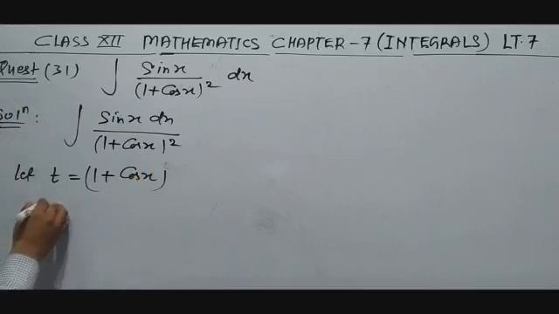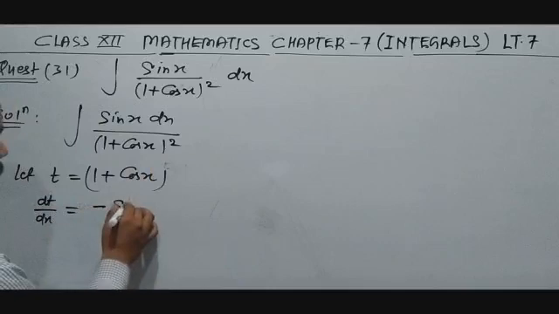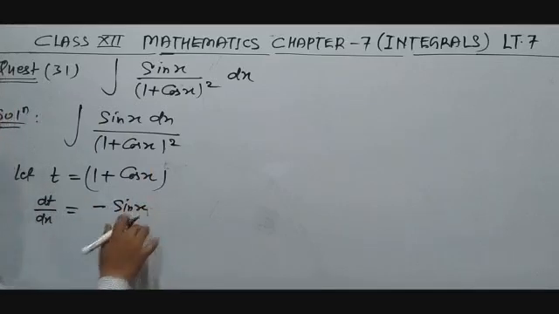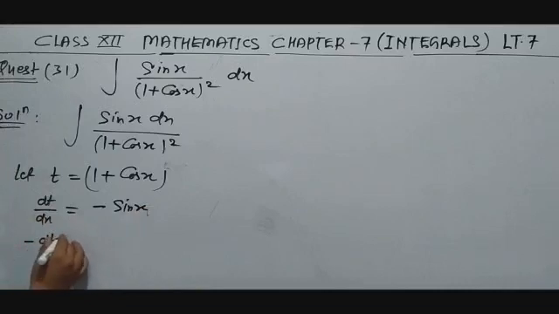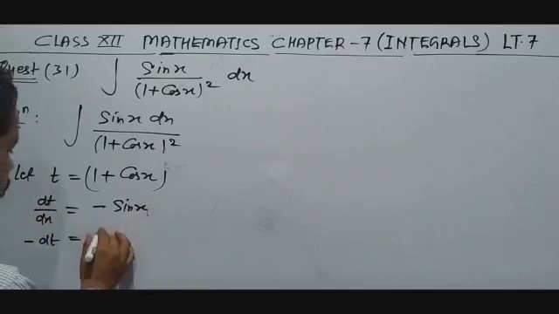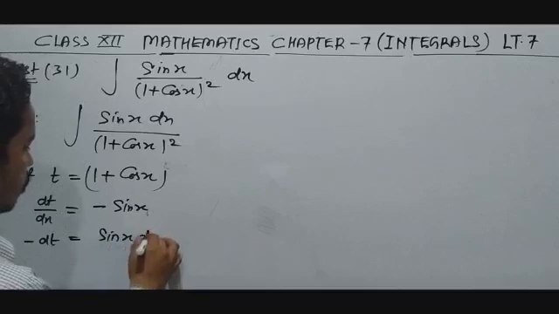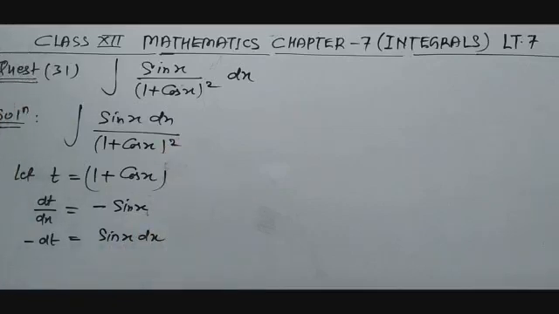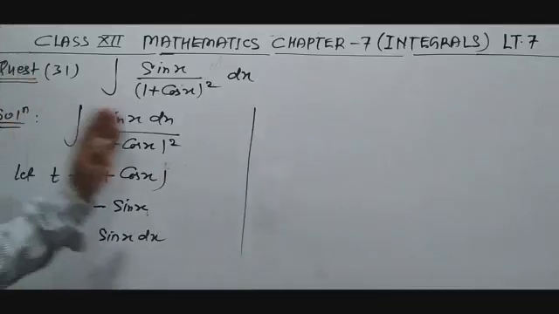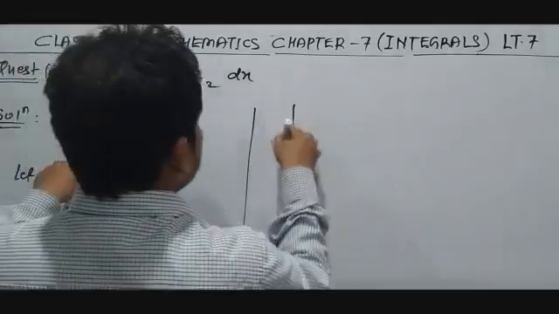Now dt by dx will be minus sin x. So now you can write minus dt is equal to sin x dx, and now the integration will convert in terms of t.